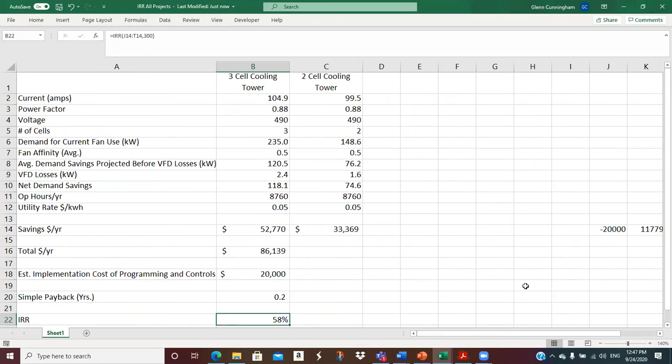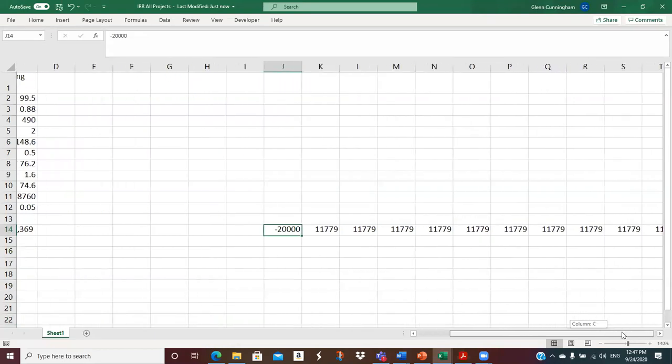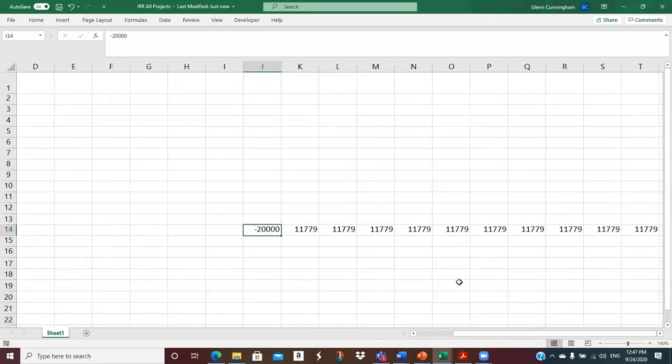Now I just have to remember. Okay, so that must be the cost. Yeah, that's the cost. And these are the savings. This is annual savings, pretty sure.